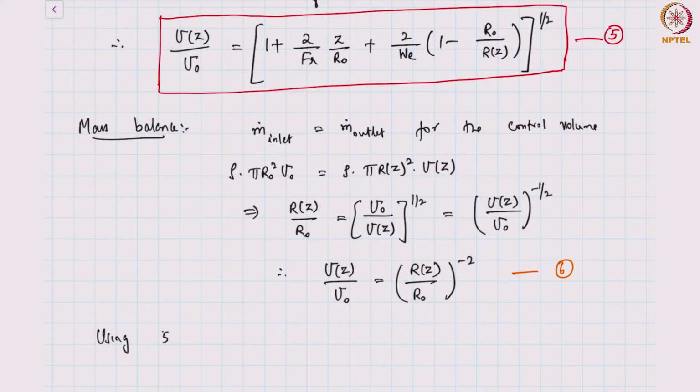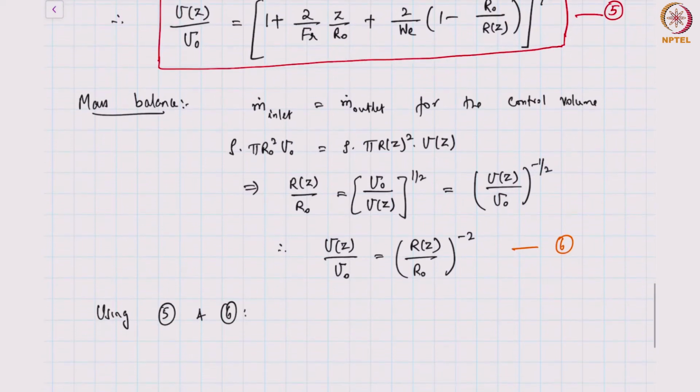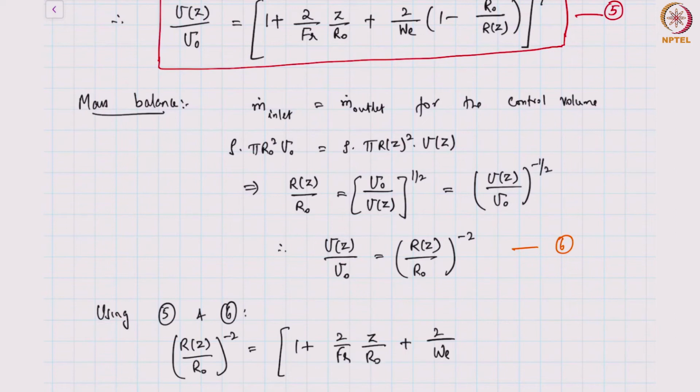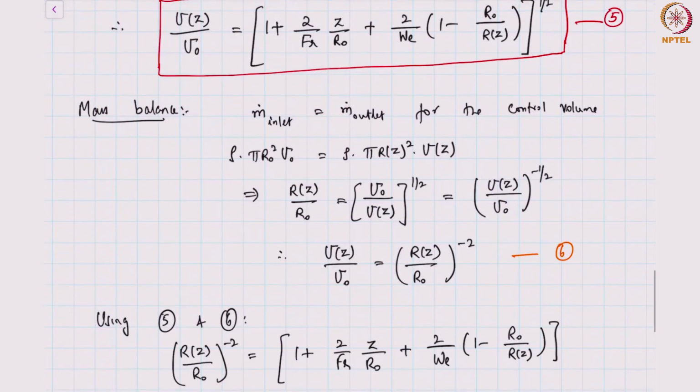Using 5 and 6, what do we now have? We have r of z by r naught whole power minus 2 is 1 plus 2 by Fr z by r naught plus 2 by Weber number r naught by r of z, whole power half.